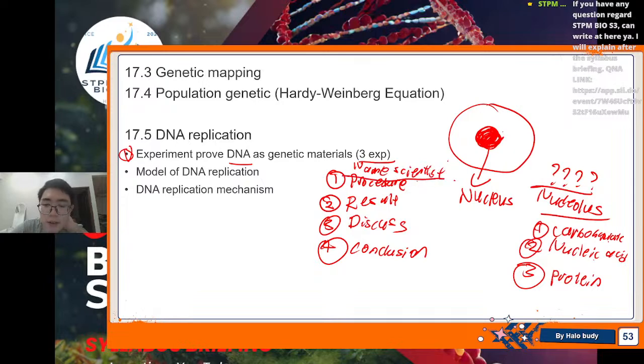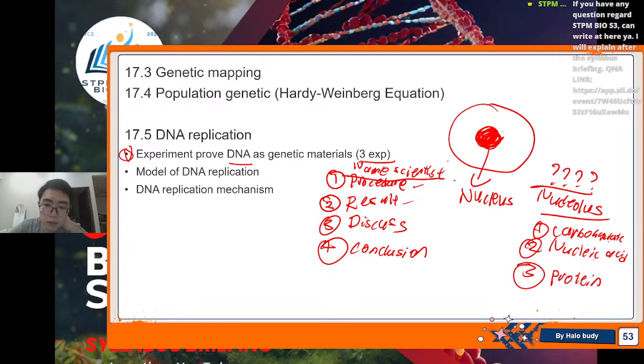Because in the examination it will come out in essay one. It may come out in the essay, but in the essay question they only give the scientist's name. And if you don't memorize it, although you know the procedure and all this, you don't know which experiment.